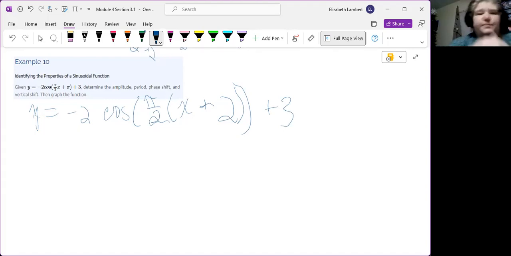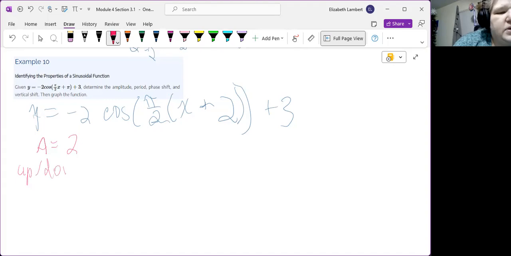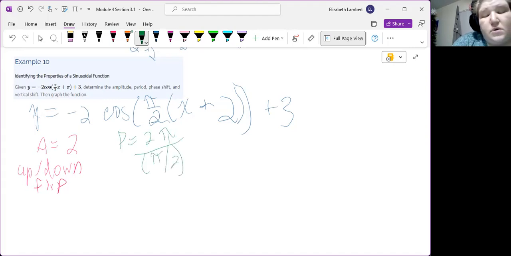All right. So let's label some stuff. Our amplitude is 2, and we have an up-down flip. Our period is 2 pi divided by pi over 2. So the pi's will cancel.